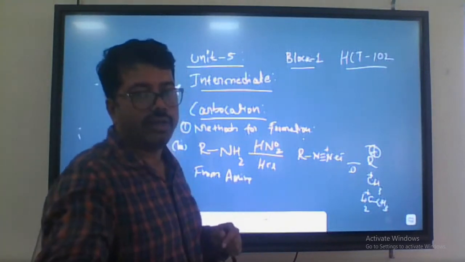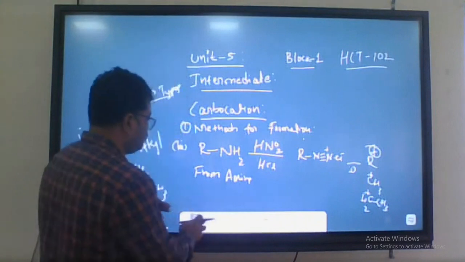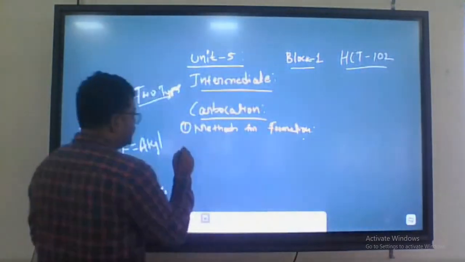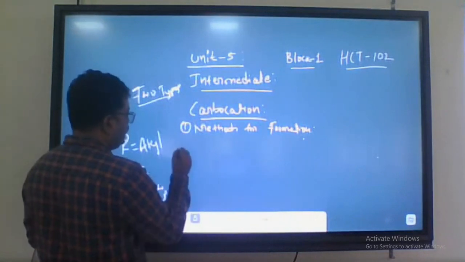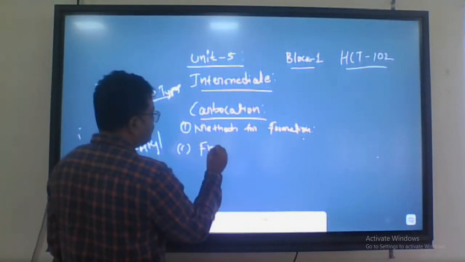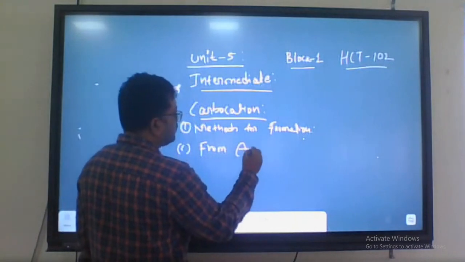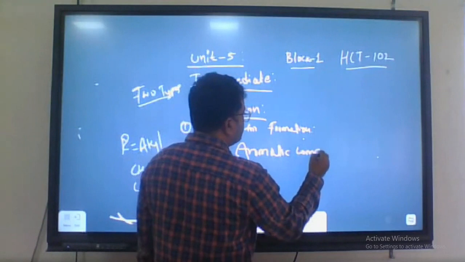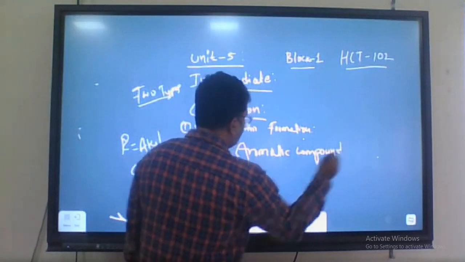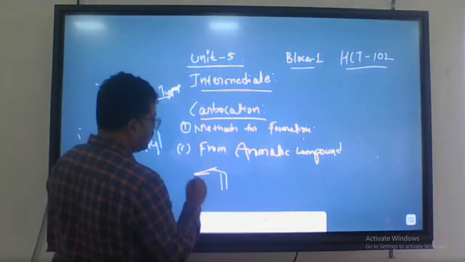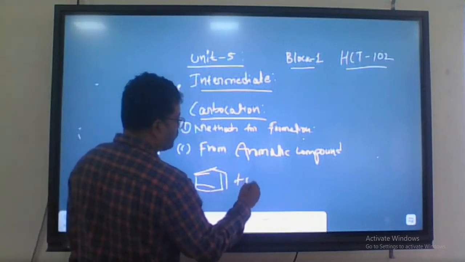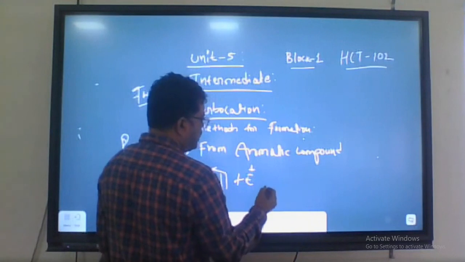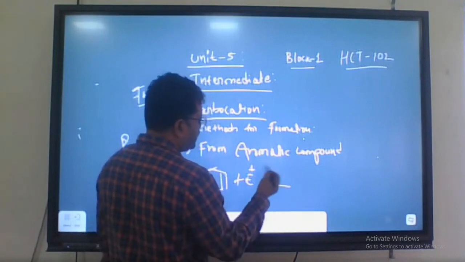First method from alkyl halide. The third method is from aromatic compound. For aromatic compound, just add electrophile in the presence of Lewis acid.